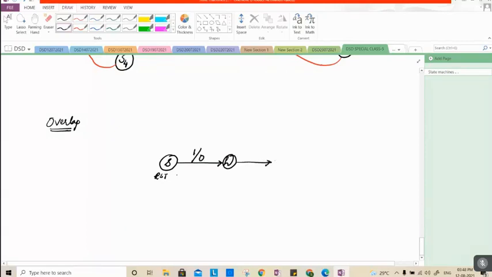Now H moves to the next state if input is equal to 1 again. 11011 is my required sequence. Then after that it moves on to A if the input is equal to 0.